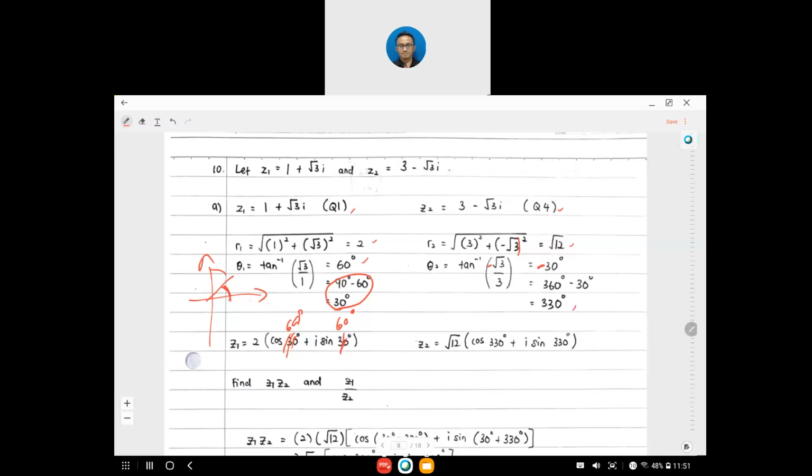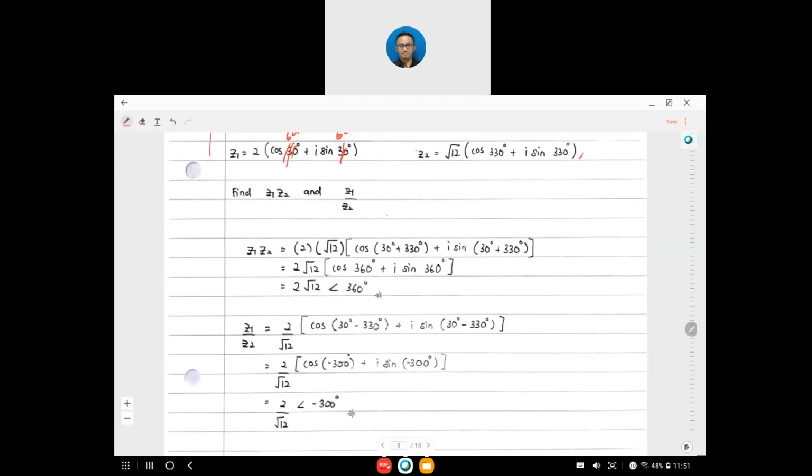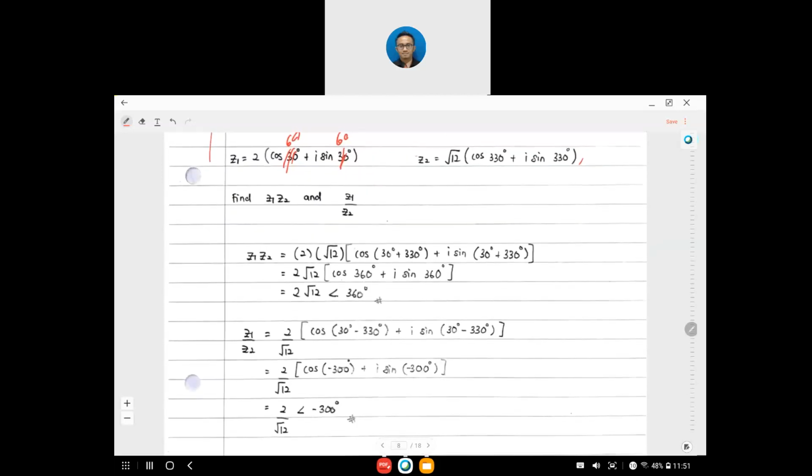Okay, and then you want to find Z1 times by Z2. Z1 times by Z2 here you can get 2 times square root 12, and then here supposedly 60 degree plus 330 degree.